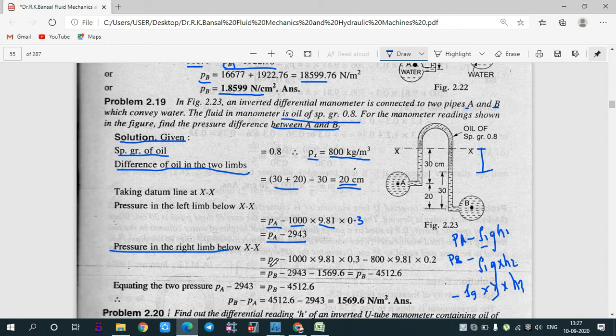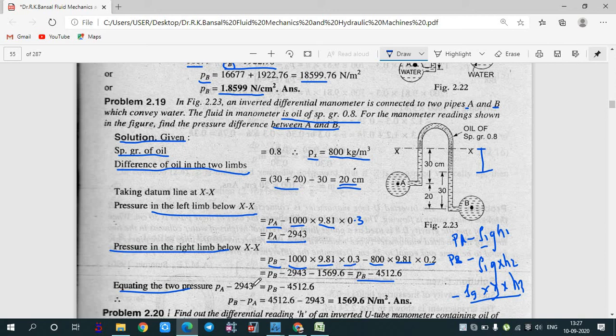PB, we need to find out. Rho 1 is 1000, 9.81, and this height is 30 centimeter, so it will be 0.3. After that, we need to take the specific gravity of oil. So this will be 800 into 9.81 into 0.2. After calculating this, we get the value PB minus 4512.6.